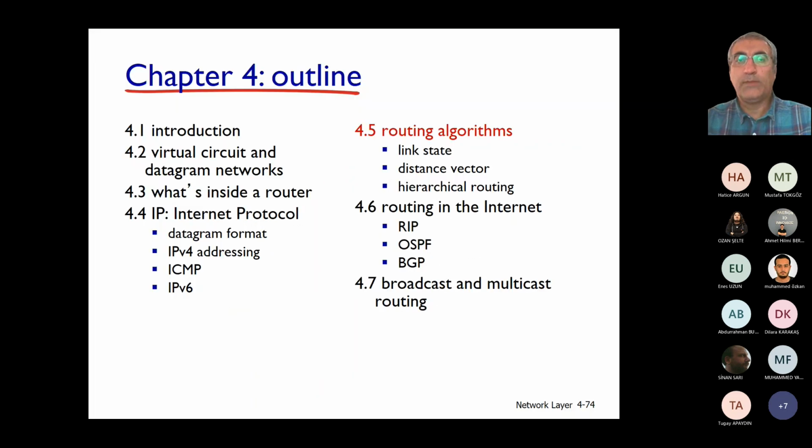Okay, last week we started the new chapter, which was the network layer chapter. So we learned about virtual circuit as well as the datagram networks. And then one of the popular devices that we use at this layer is the router. So we look at the main architecture of a router and what are the main blocks and main functions in a typical router.